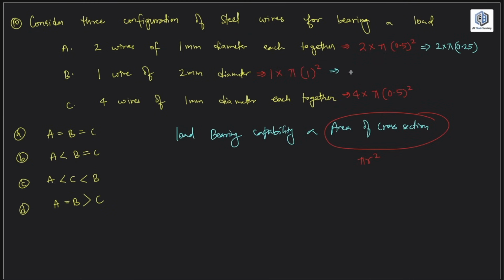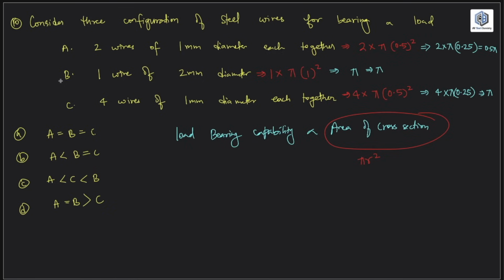And here it will be just pi, and here it will be 4 into 0.25 and pi, right? That's what you will get. The area, if you calculate, this will become 0.5 pi, this will remain pi of course, and this will become 4 times 0.25 which is 1, so it is also pi.